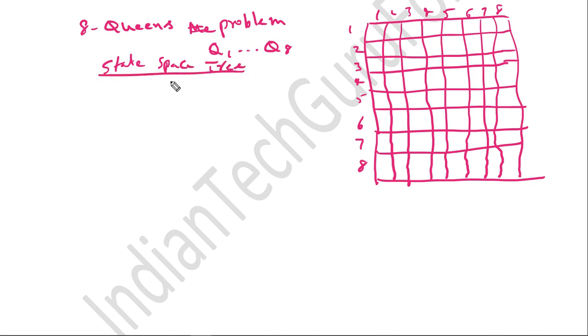If at all there is no solution available if you start from Q1 in one location, then start trying from other locations: Q1 in location 2, then Q1 in location 3, then Q1 in location 4, something like that. So let me start with Q1 from location 4. Assume Q1 is placed in location 4.